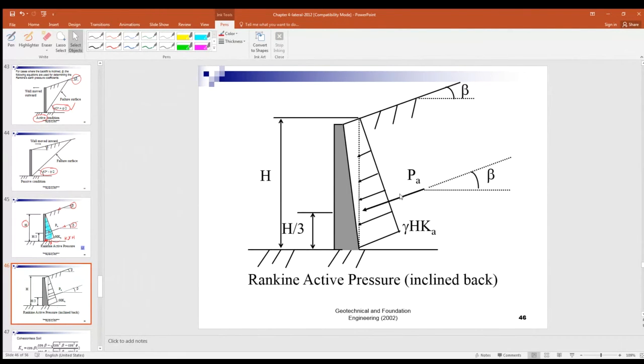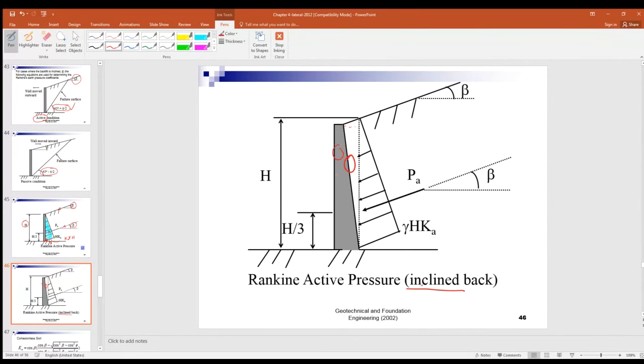Even for the inclined back, it means the wall here is not a rectangle, it's a trapezium, right?